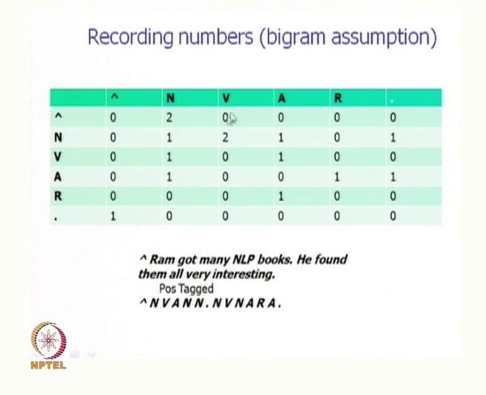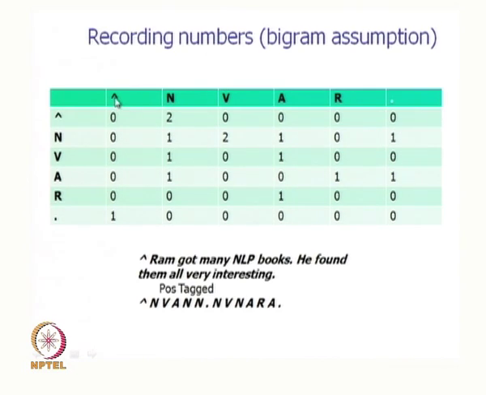Therefore, V preceded by hat is 0. Similarly, no adjective begins a sentence in the corpus. So, A preceded by hat is 0, R preceded by hat is 0. And is there any empty sentence? No. That would be indicated by a dot immediately coming after a hat symbol. There is no such example, which is indicating that the cell has value 0.